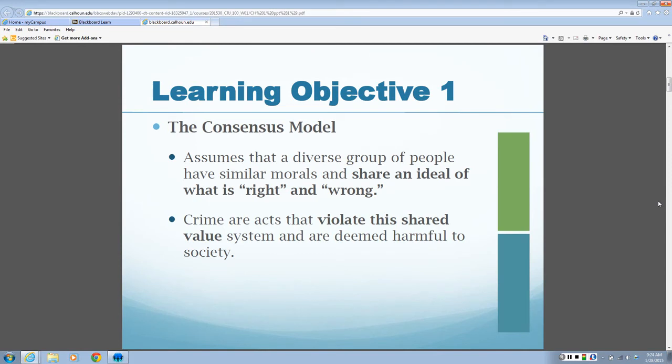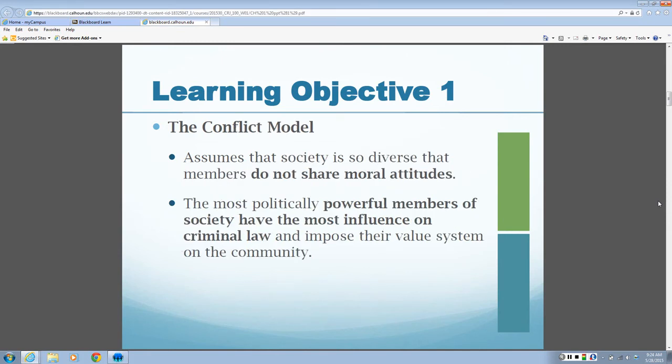Not every law, unfortunately, is based upon the consensus model. Some of them are based on something called the conflict model. This particular model is almost the polar opposite of consensus. This assumes that diverse groups of people do not share moral attitudes, and the people who have power within society are the ones that have the influence on what behaviors or acts are considered criminal or not.